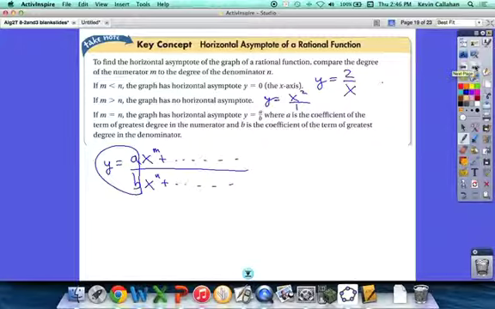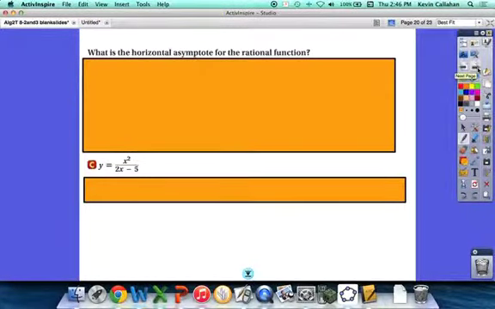So let's practice. This is rule 2. This one, y equals x squared over 5.